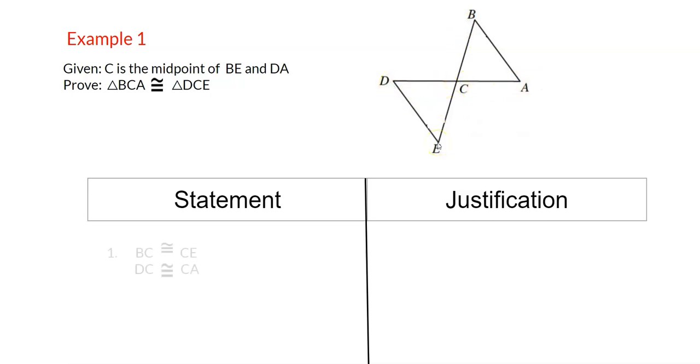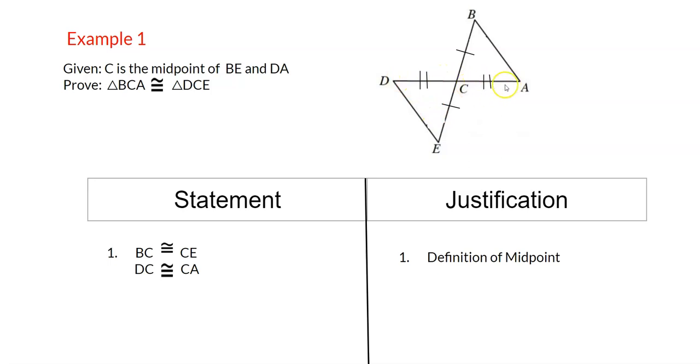So what do I know? I know that BC is congruent to CE. I also know that DC is congruent to CA, similar to that definition of midpoint. So I can put little markings or hash marks, because remember we said that this is congruent to this, and also this is congruent to this.